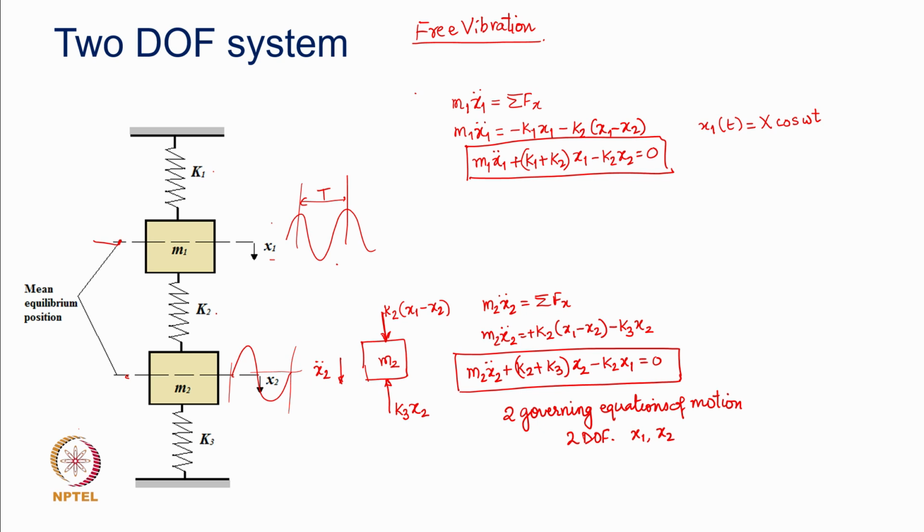So, based on the parameters of the system like M1, M2, K1, K2, K3, it is inappropriate to presume that the system is going to move the way we saw in the single degree of freedom system, completing a perfect harmonic response, both of them at the same time.